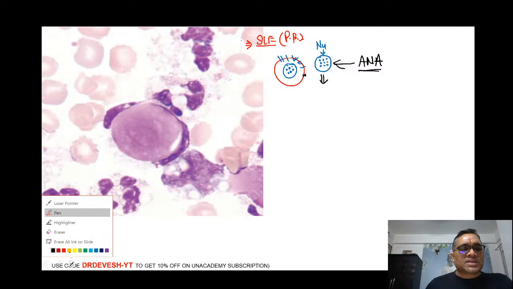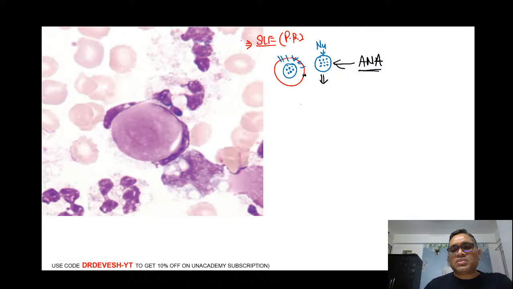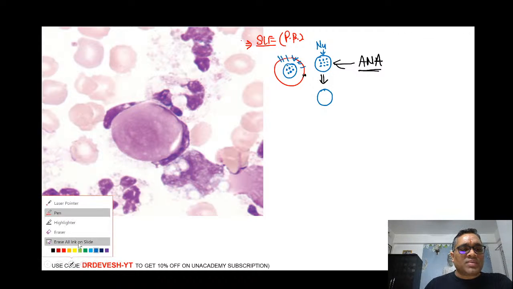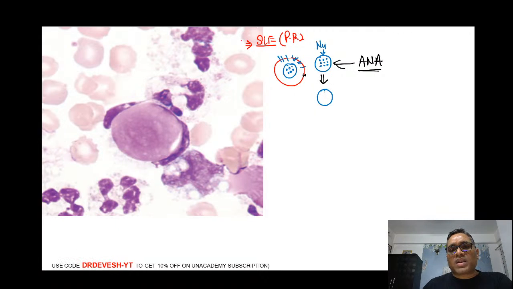Now after the destruction, this nucleus will be converted into damaged nuclear chromatin. So how will it look? Damaged nuclear chromatin will be having homogeneous nuclear chromatin. So homogeneous nuclear chromatin is a damaged nuclear chromatin.